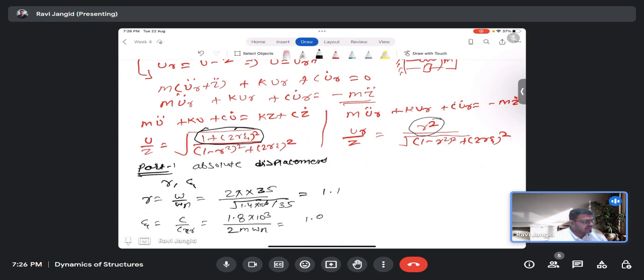So 1.8 into 10 raised to power 3 into 2 into 35 into omega n, which is your 1.4 into 10 raised to power 6 by 35.